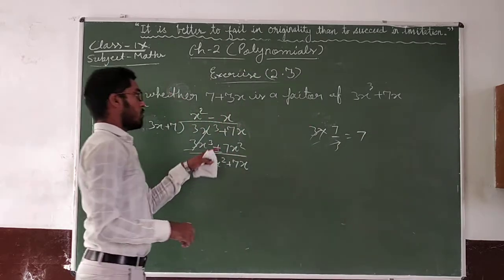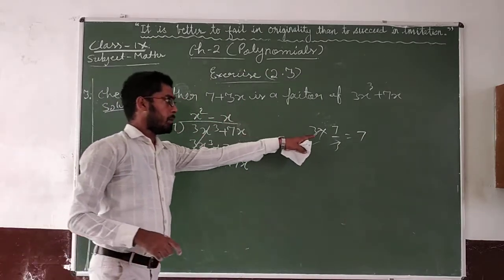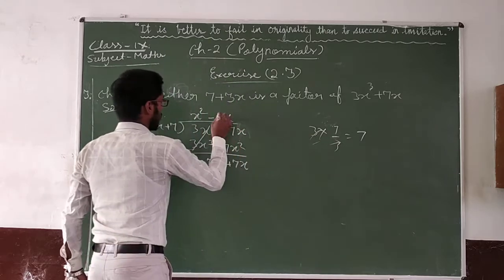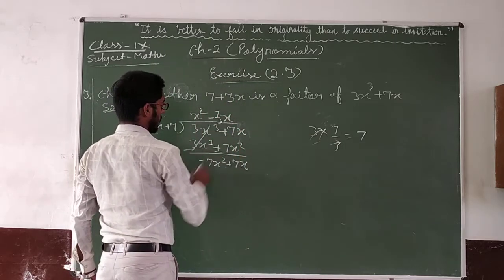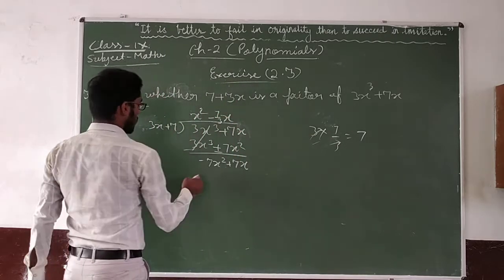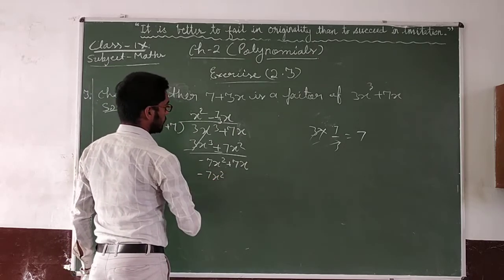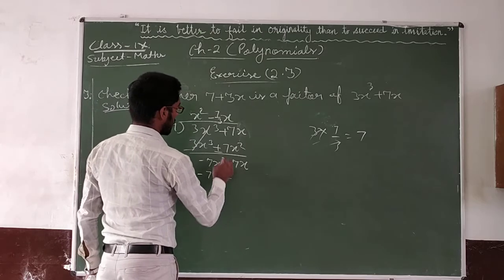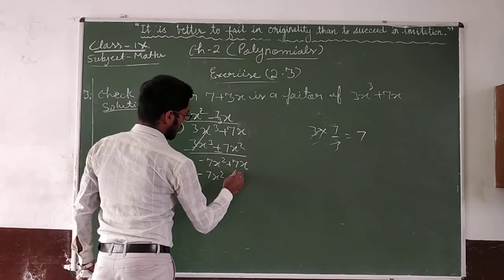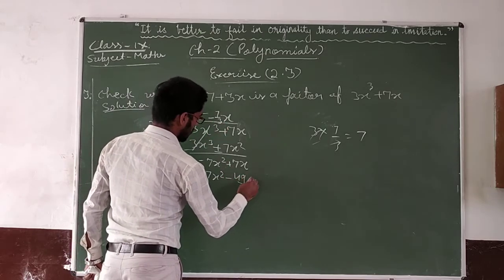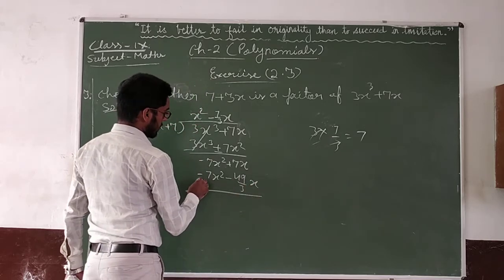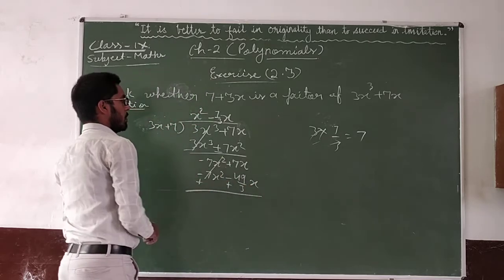To get 7, you will take here 7 by 3. Okay. Now multiply it, then you will get minus 7x square and minus 49 upon 3x. Now subtract it. This term will be cancelled.